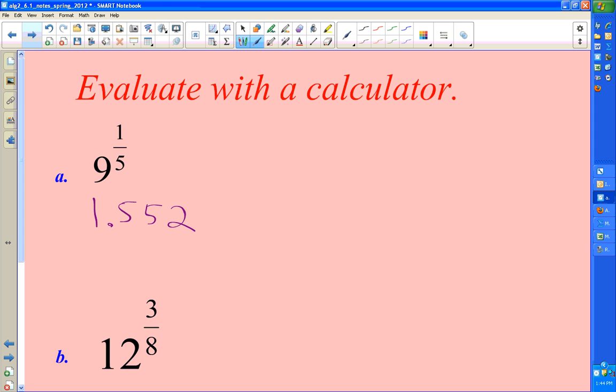9, y to the x button, open parenthesis, 1 divided by 5, close parenthesis, enter. Not good?